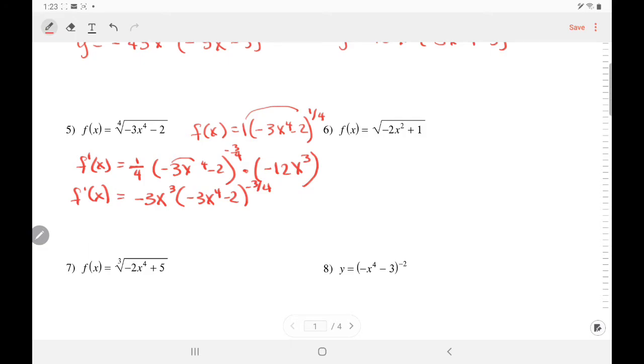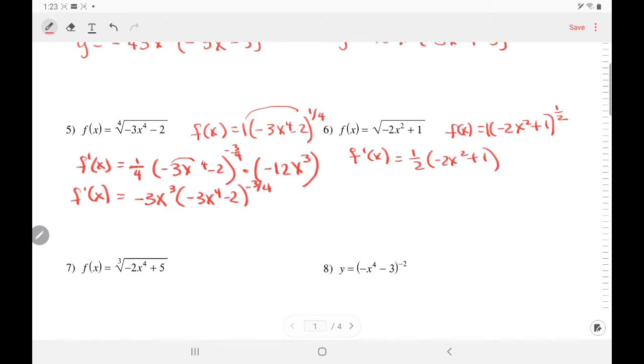Let's practice on number 6. We, of course, have to rewrite this. So f of x equals (negative 2x squared plus 1). Square root means to the power of 1/2. So for the derivative, you've got to multiply the 1/2 by your invisible 1. So it's 1/2. Inner function stays the same.